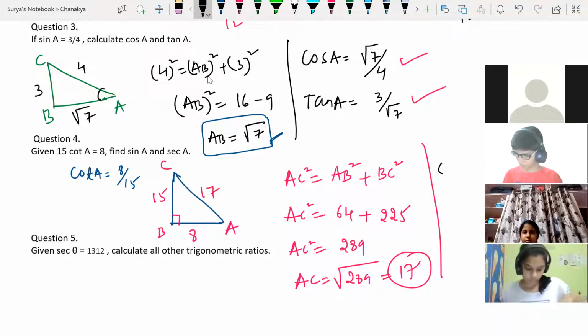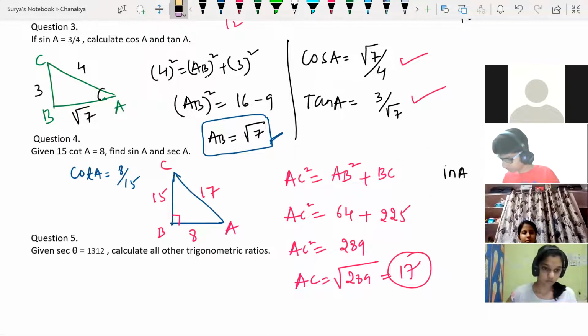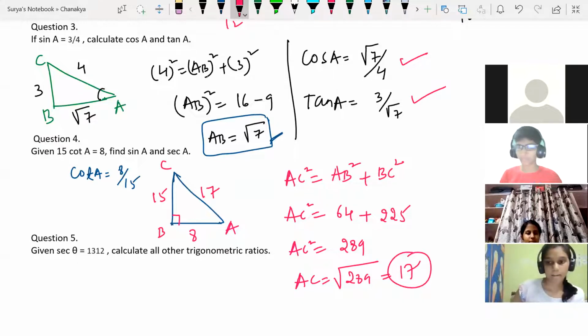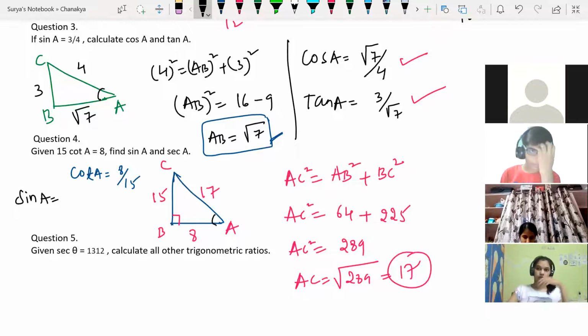What is sin A? Let us write here. Sin A can be written as opposite by hypotenuse, 15 by 17.